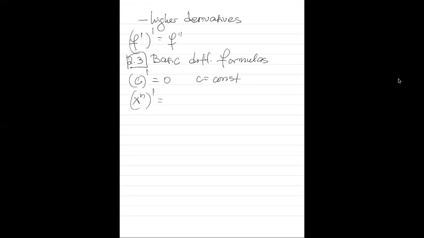The derivative of x to the n is n goes on the front, x to the n minus 1. So this works for every n. It works for rational and irrational.